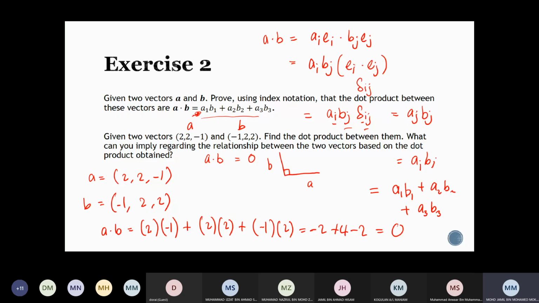So we can say that A and B are at 90 degrees to each other. Or we can say that A and B are parallel. Not parallel, perpendicular, sorry. Perpendicular means 90 degrees to each other. Any question before we move on?